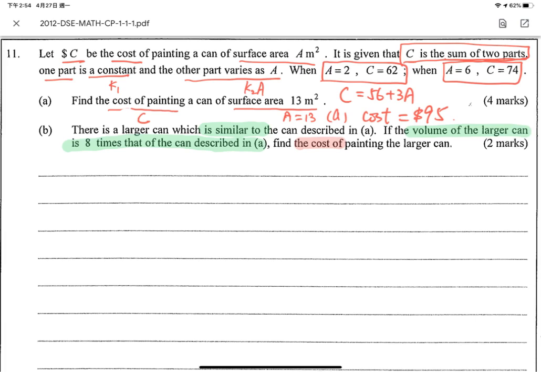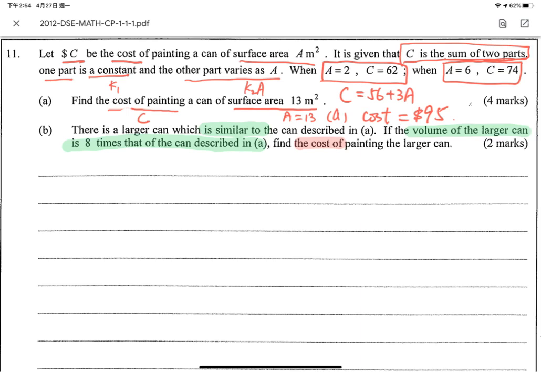So in part B, there's a keyword: similar. For similar figures, the ratio between the volumes equals the ratio of the corresponding sides to the power 3, and the ratio of areas equals the ratio of corresponding sides to the power 2. So we can combine these two relationships.